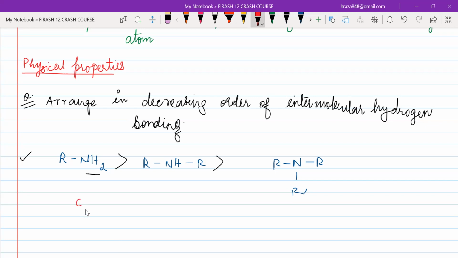If you have C4H9NH2, then you have (C2H5)2NH, then you have C2H5N(CH3)2. Which one will have the highest boiling point?